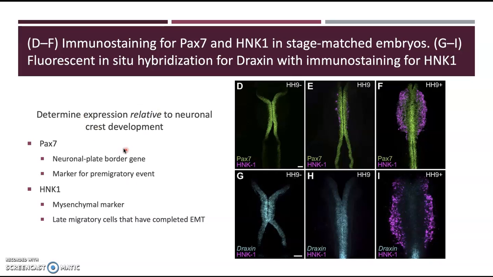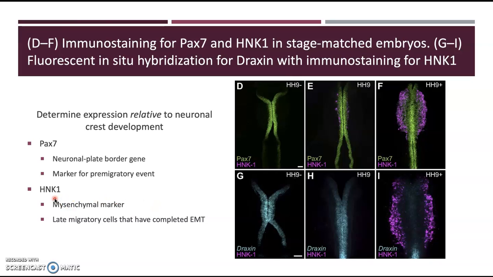And so moving forward, after determining the general Draxin expression, they wanted to see the pattern of expression relative to the actual neuronal crest development. And they did this by tracking two developmental markers, PAX7 and HNK1, where PAX7 is an early stage marker that is expressed during the pre-migratory events, and HNK1 is a mesenchymal marker.